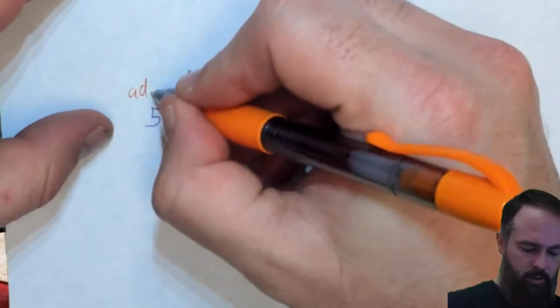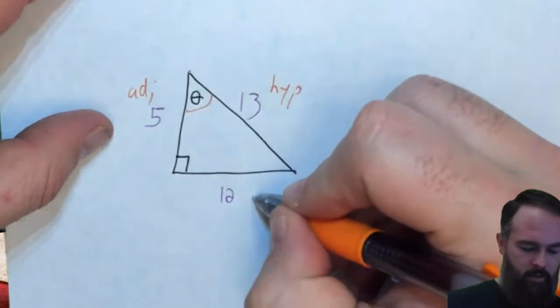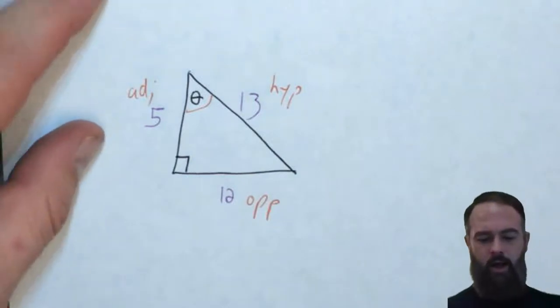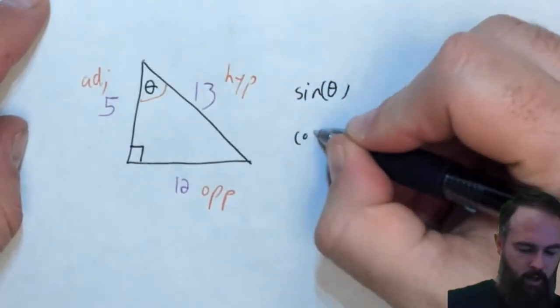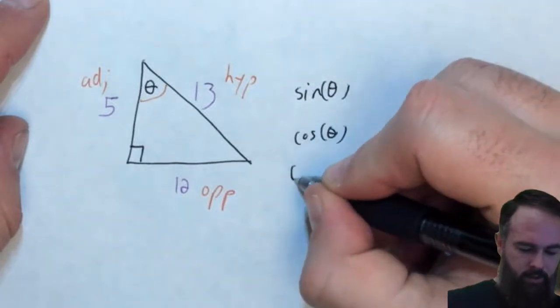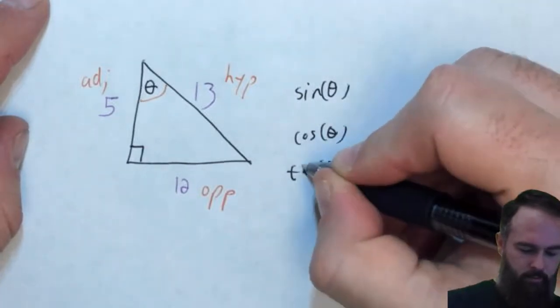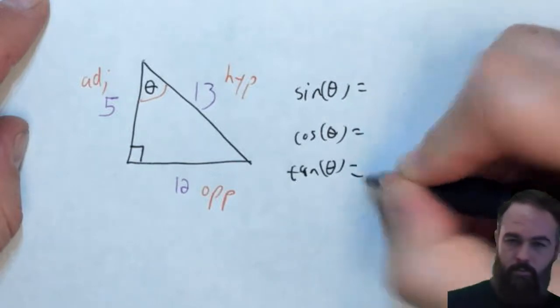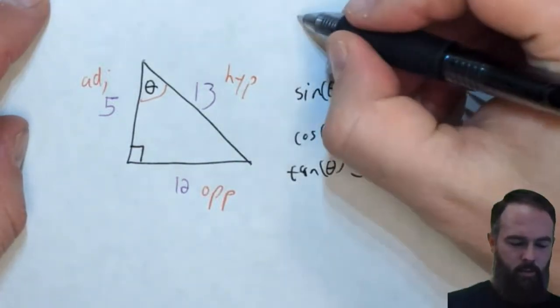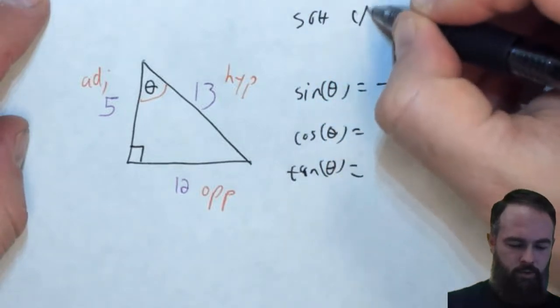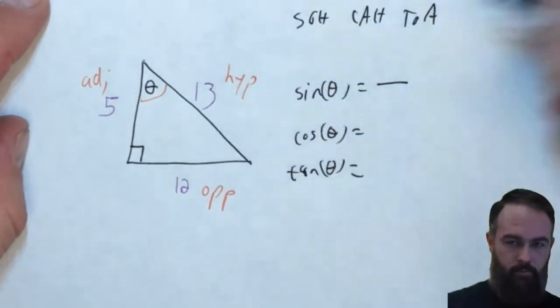Angle arc, adjacent is there. And then my other side across will be opposite. So let's figure out all of these. I'm going to set the problem up. Now, sine of theta, I'm going to write SOHCAHTOA here so that we have it.